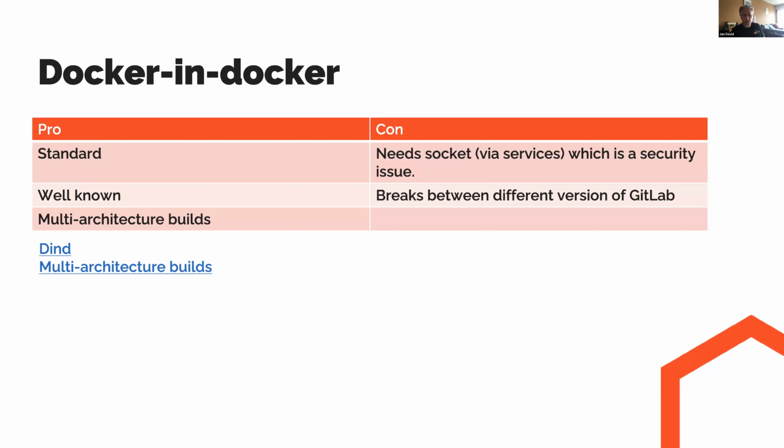As the advantages, it's well known. It's the standard, it's the default. Another plus, I think, is that you can do multi-architecture builds with it. Maybe not something that a lot of developers are using at the moment, but in the, let's say, more distant future, we are also looking at using AWS Graviton instances to run our workloads on, because they offer better performance and are cheaper.